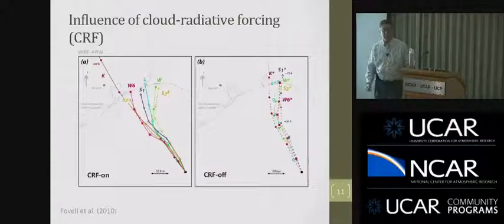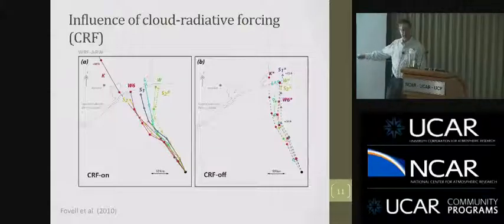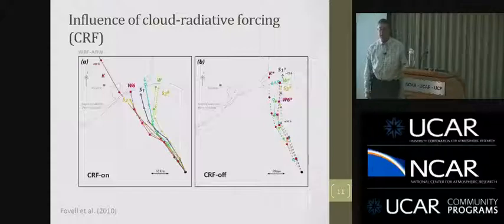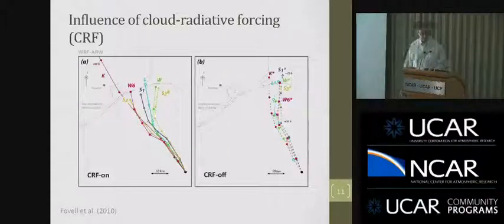And I looked at the cloud radiative forcing, I looked at the diabatic forcing that was associated with that, and I thought there is no way in heck this is going to make a difference because it's just really too small. But simulation after simulation came out to be practically exactly the same thing. Not only do they have the same track, they have the same wind profile, so they have the same beta drift and everything else.